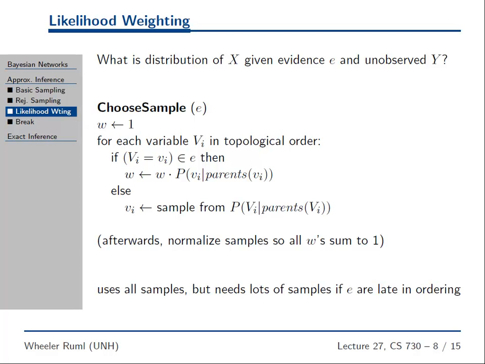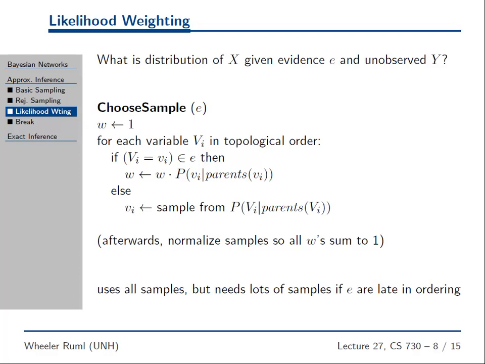Okay, we go down, and it's just like sampling, except if the variable we're looking at is one of the ones that we have evidence about, then, by the way, we're going to set that variable to be whatever the evidence says. But then we keep track of how likely was that thing we just did.